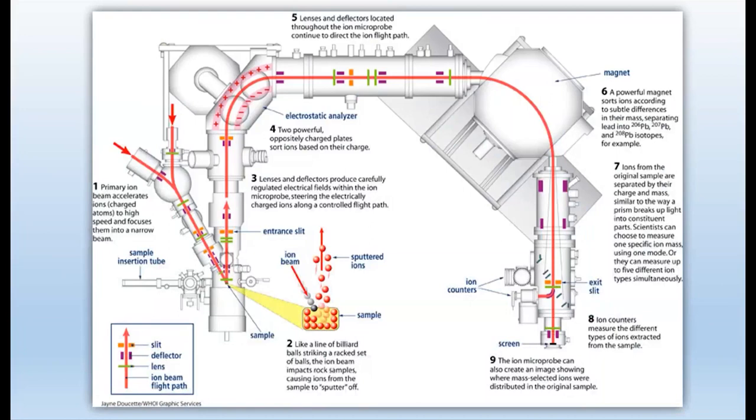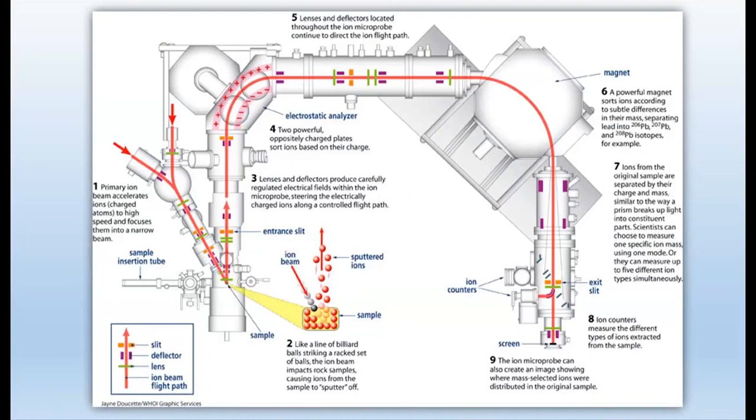The typical in situ mechanism of collecting oxygen isotopes is via a Cameca 1270, 1280, 1300 instrument or the like. And what we're doing is firing a beam of cesium ions into our sample surface.